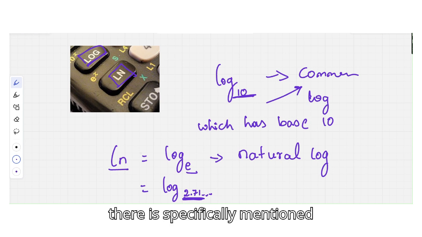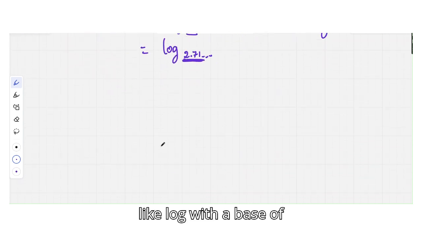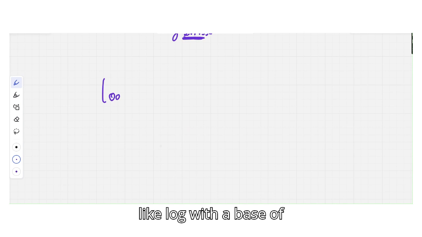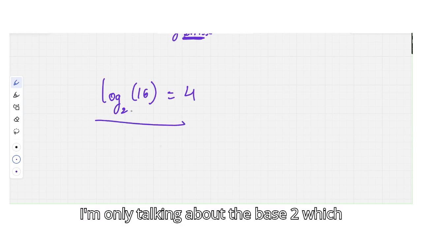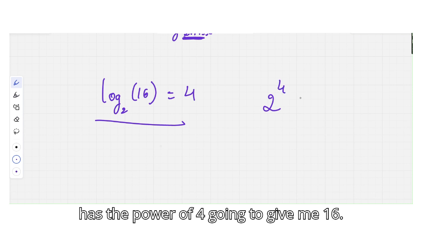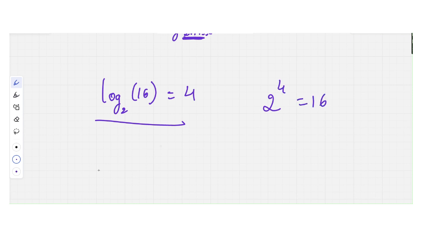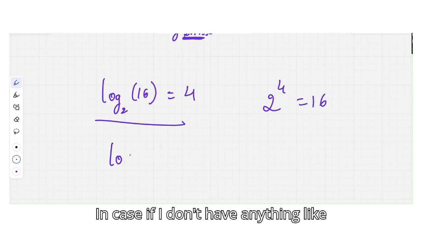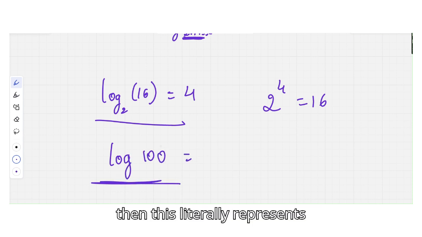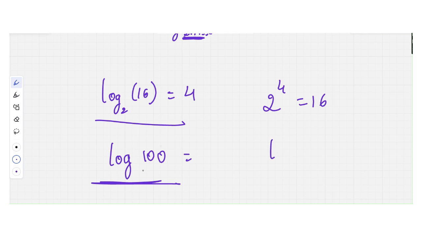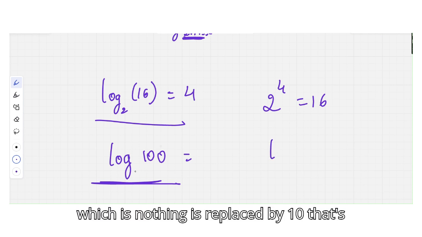Whenever there is a specifically mentioned base, like log with a base of 2 of 16, that's going to be 4. This represents base 2 raised to the power of 4, which gives me 16. In case I don't have a base written, like log of 100, then the missing base is replaced by 10.